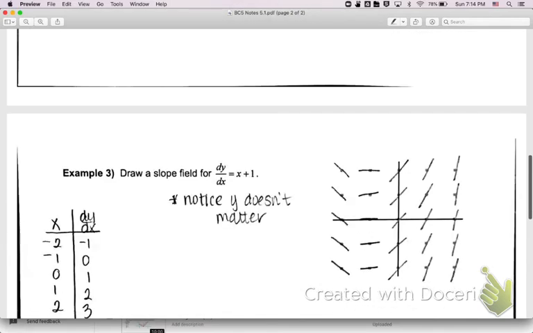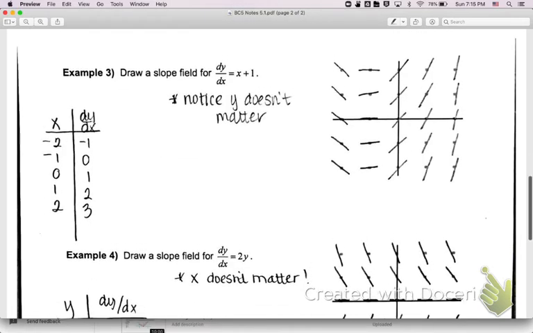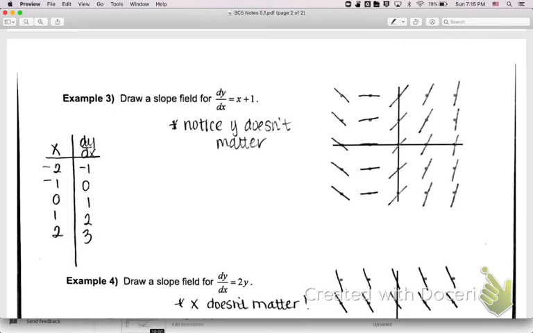Now, to create a slope field, we just need to pick some values. And this is kind of tedious, so I went ahead and I'm using this where I've already filled this out. So in this case, notice that if dy dx is equal to x plus 1, the slope of the function is not dependent on the y value. I just picked some different x's, and we had all of these dots here.